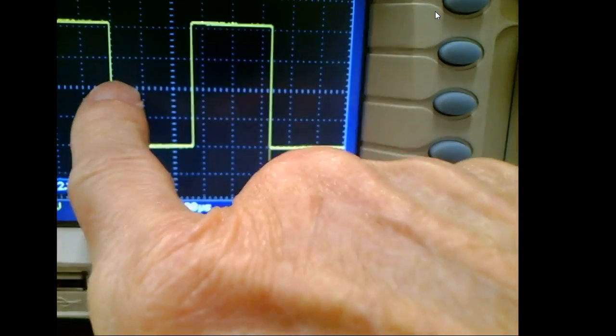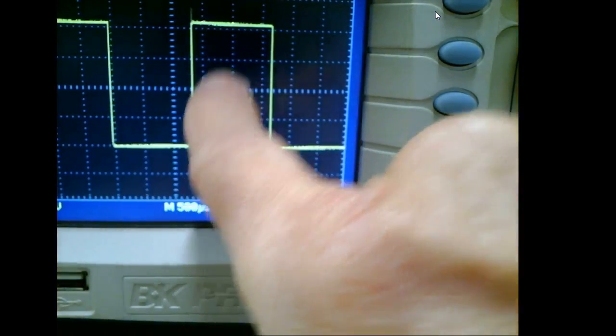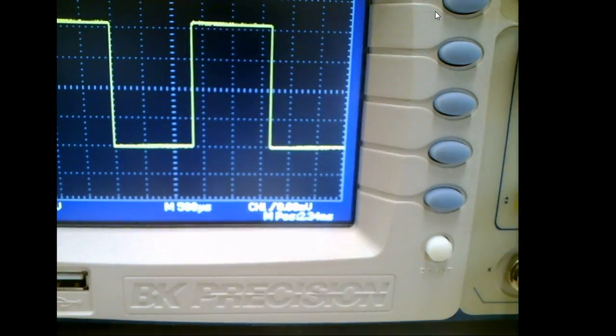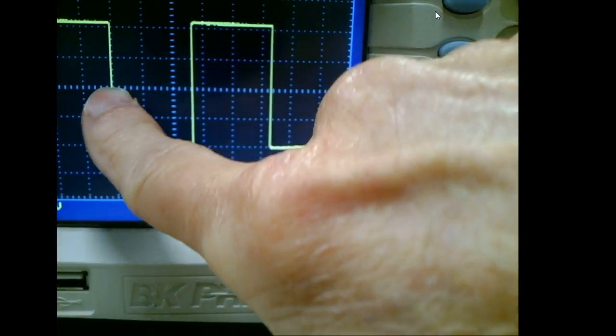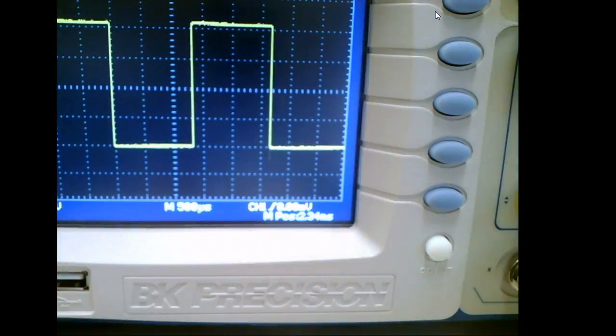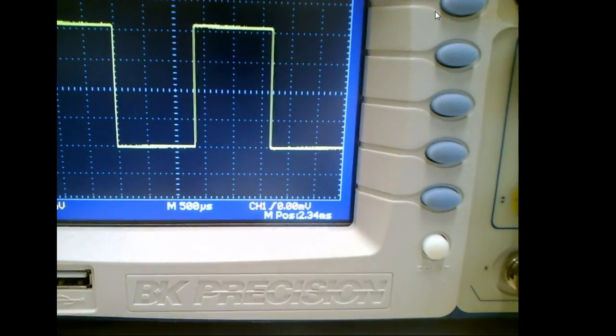It's still 1, 2, 3, 4, 5.2. It's still the same because the frequency is the same. So it's up to you which side you reference to. But whatever side you reference to, you count to the next one on that same side, right? You understand? On a sine wave, you'd make sure you did it at the same spot. These pulse waveforms, we don't worry about that.